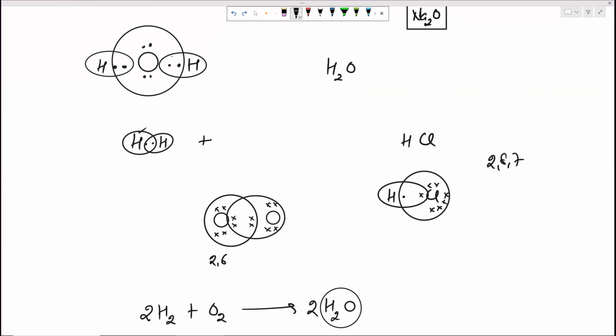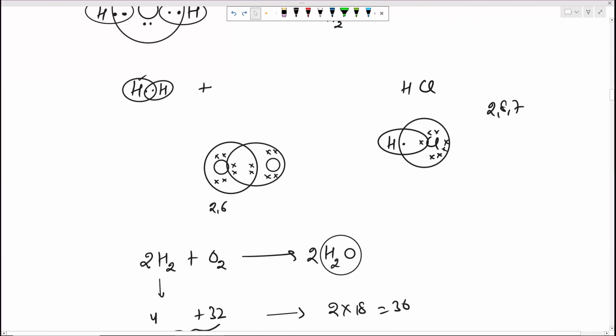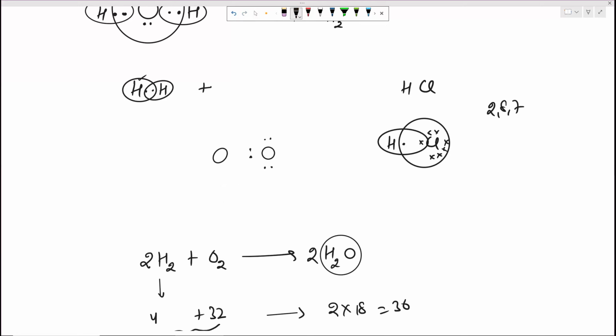Oxygen has how many electrons in its outermost shell? 6. Check here, I'm drawing one oxygen atom and another oxygen atom. They both have 6 electrons in the outermost shell, 2,6 electronic configuration.